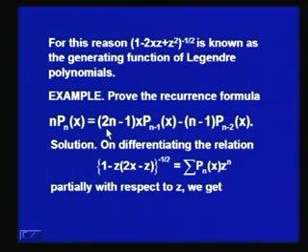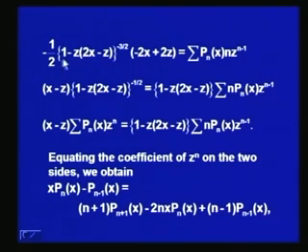establish this result, we shall make use of the generating function of Legendre's polynomial, that is (1 minus z(2x minus z)) to the power minus half. We know that this is equal to sigma Pn(x) z^n. When we differentiate this with respect to z partially, we will get minus half into (1 minus z(2x minus z)) to the power minus 3 by 2 into (minus 2x plus 2z), while the right hand side will become sigma Pn(x) into n z to the power n minus 1.